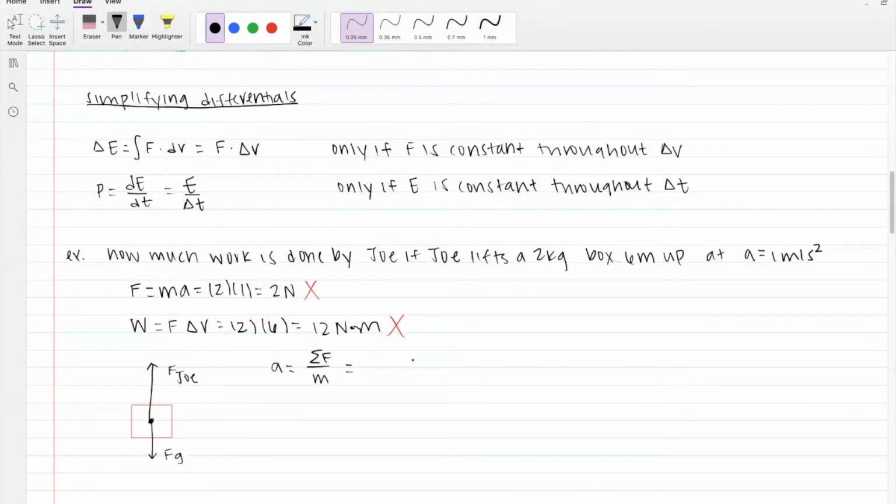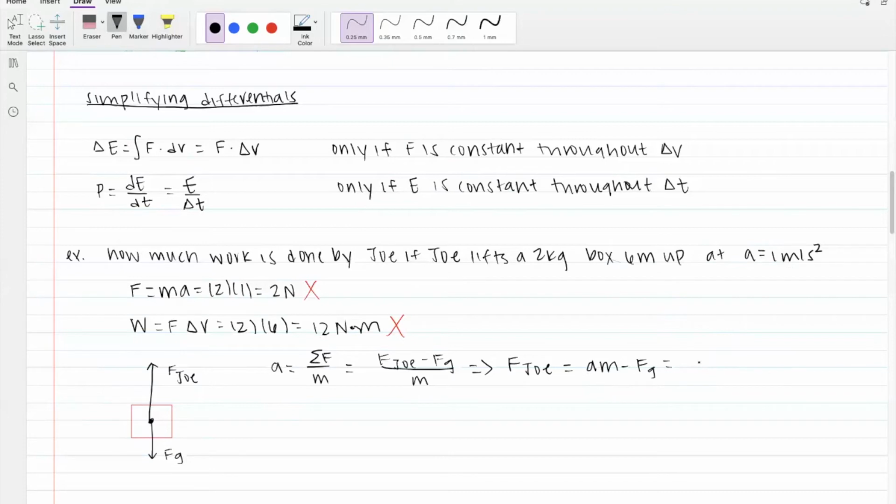So all the forces would be the force applied by Joe minus the force of gravity, all over its mass. So to solve for the force that Joe applies, you need to rewrite this as a times m minus F of G. So let's plug in our values.